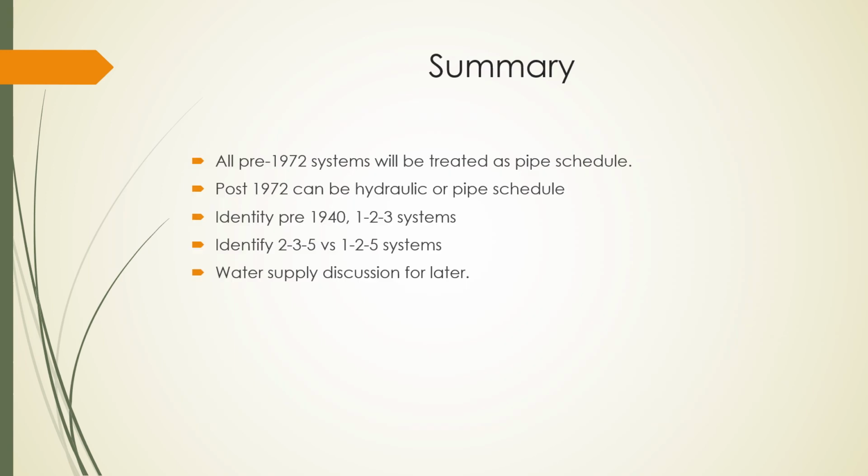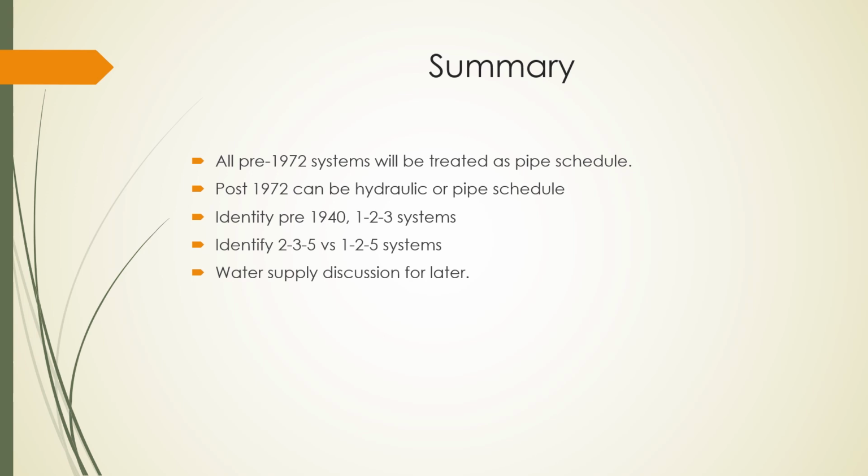Okay, so let's summarize what we've done over the last two presentations. First, of course, we have sketched out a system, and now we've discussed history. So let's all be on the same page and assume that any system prior to 1972 is a pipe schedule system. There were hydraulic systems, but we're going to call all the systems pipe schedule systems. Post-72 systems can be hydraulic or pipe schedule.